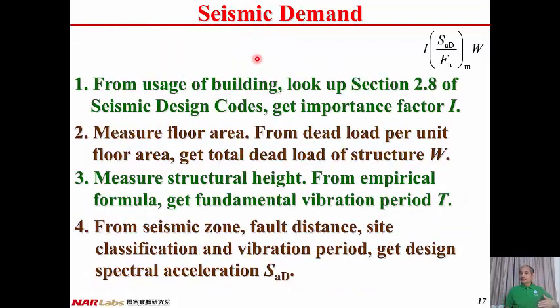And here is a step-by-step procedure to determine the seismic demand of a building. Step 1, from the usage of the building, look up section 2.8 of the Seismic Design Code. Get the importance factor I. I may be 1.0, 1.25, or 1.5, depending on the importance of the building.